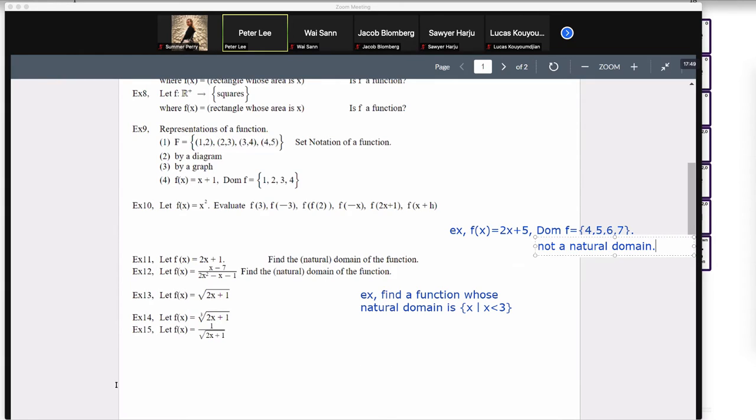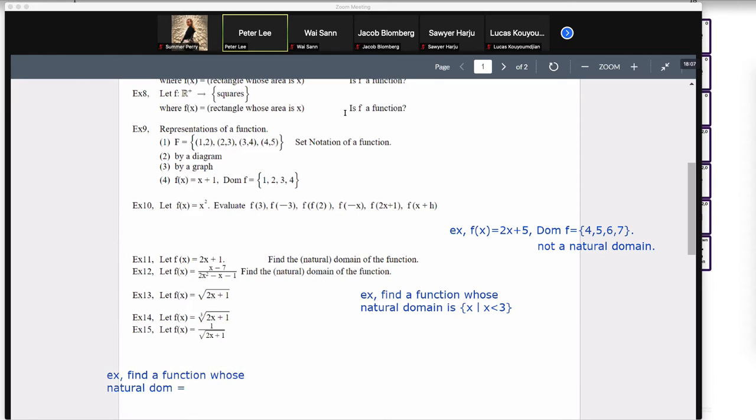And I can also ask you this. How about this? Find a function whose natural domain is this right here.